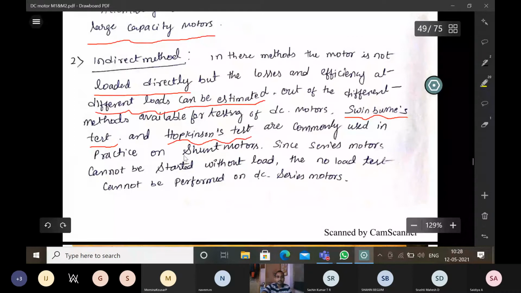In practice, in the shunt motor, they conduct Swinburne's test as well as Hopkinson test. But in case of a series motor, the indirect method is not suitable. A series motor always runs with load.